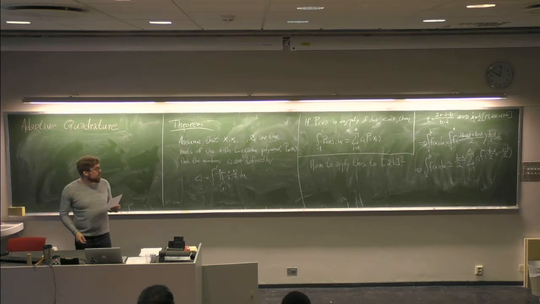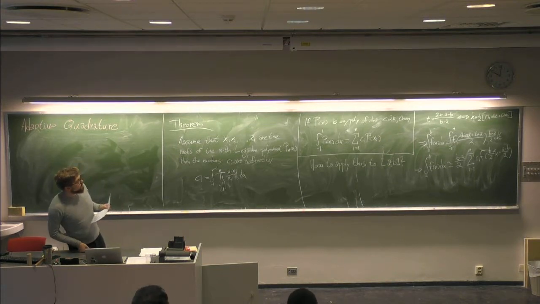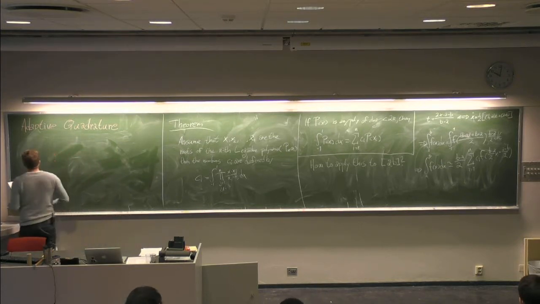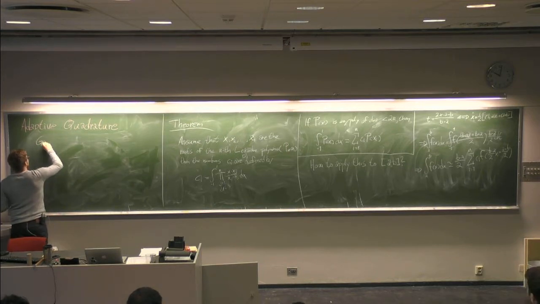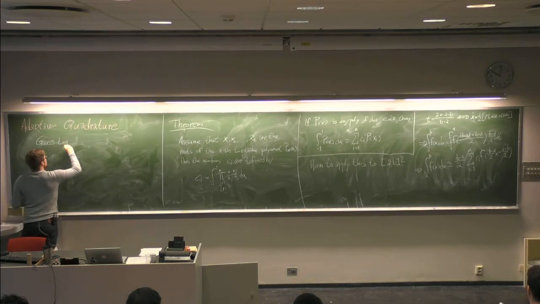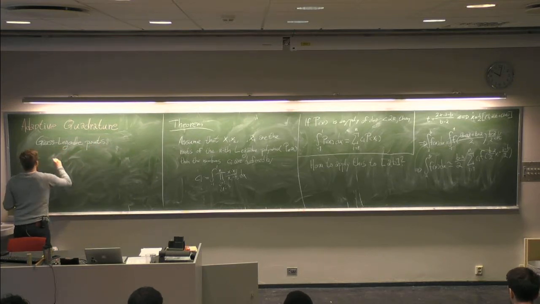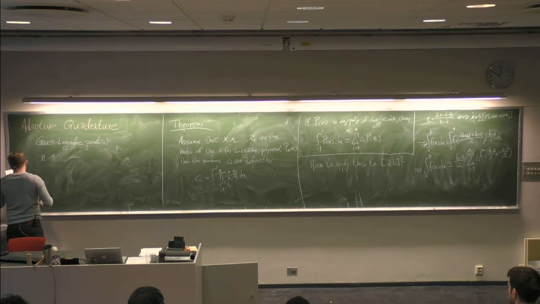And if you want to find lists of these points, these ci's and xi's, they're called Gauss-Legendre points. So I can write some of them.